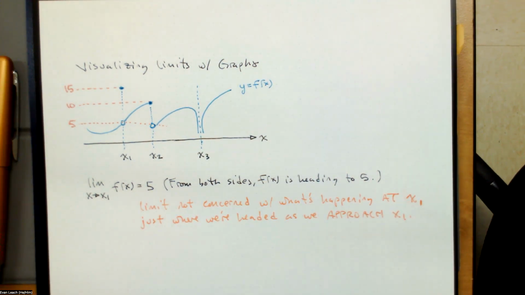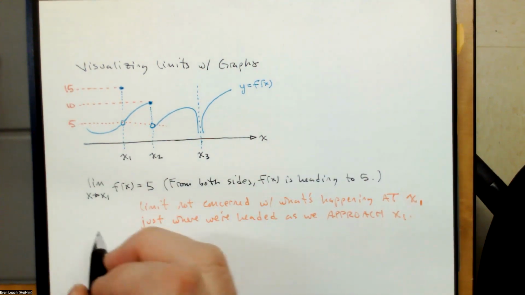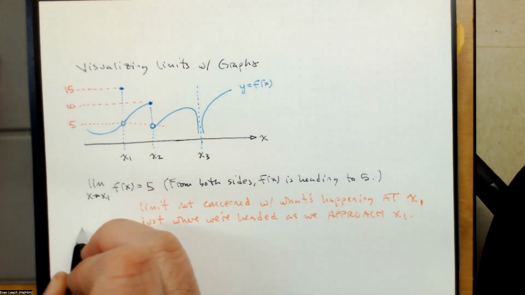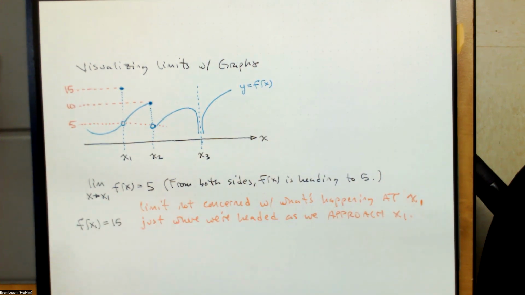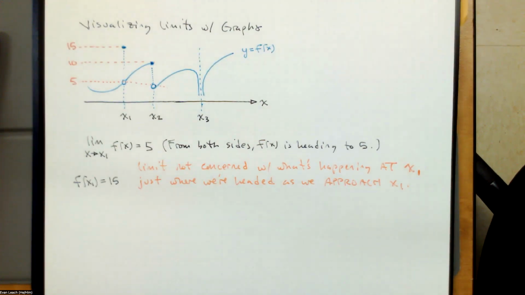We're not worried about what's going on at x1. We're worried about what happens as we approach x1. In this case, f of x1 is equal to 15. That's what's happening at x1. But as we approach x1, we're headed towards 5.